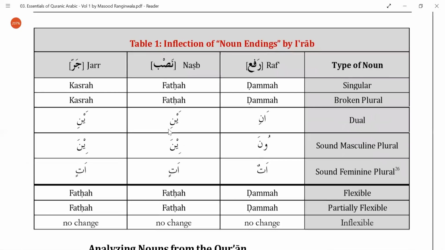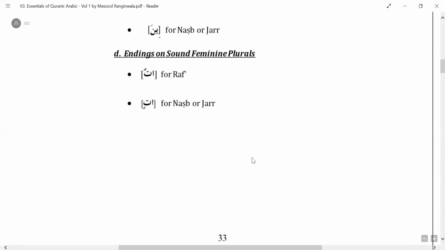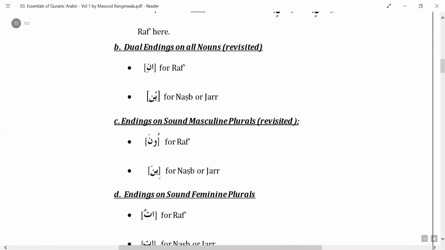Here the i'rab is summarized. Rafa, this column, is either dhamma or the sisters of dhamma, which are ani, una, atun. From the combinations we mentioned, ani, aini, una, ina, and atun, atin, the first one you say will be rafa. In ani, aini, ani is rafa.